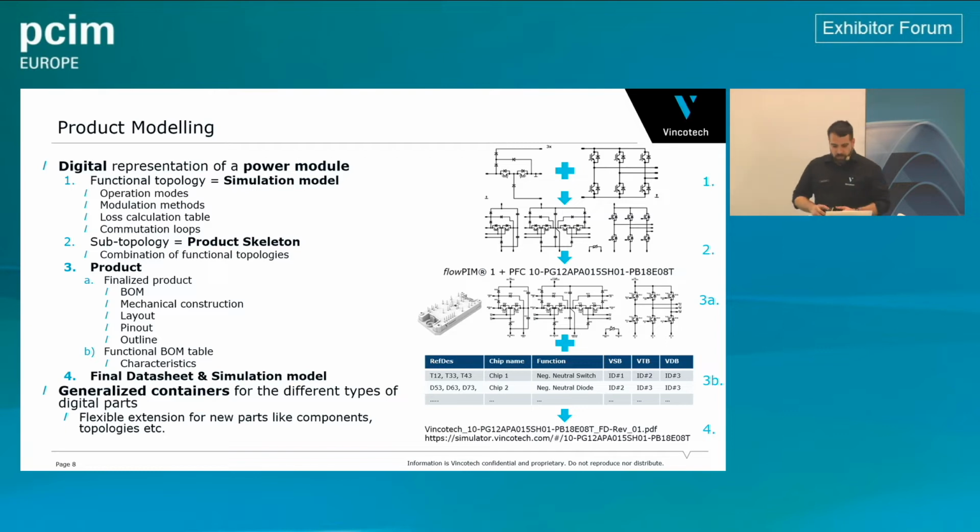And if we define the BOM list, the mechanical construction, the outline, and everything required for manufacturing, we get the end product. Finally, from this, we define the reference designators, we define the chips, and we connect the required characteristics for it. And from this, we can export the final data sheet and the simulation model as well.